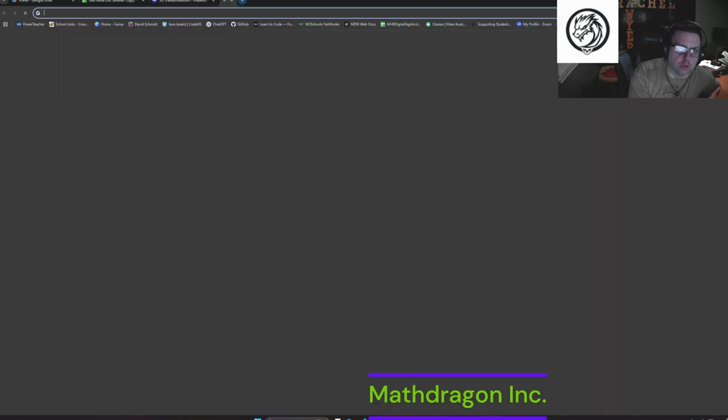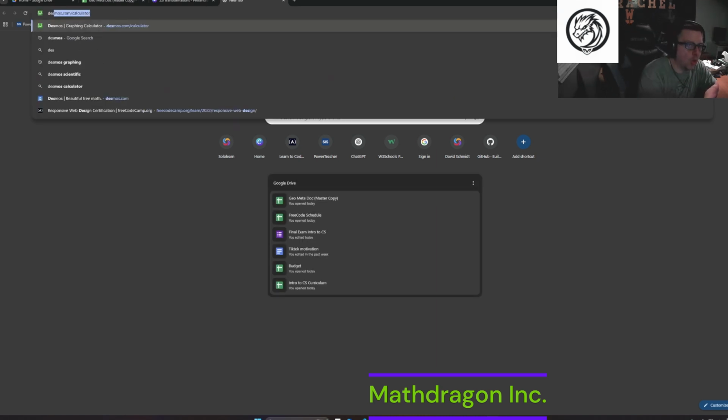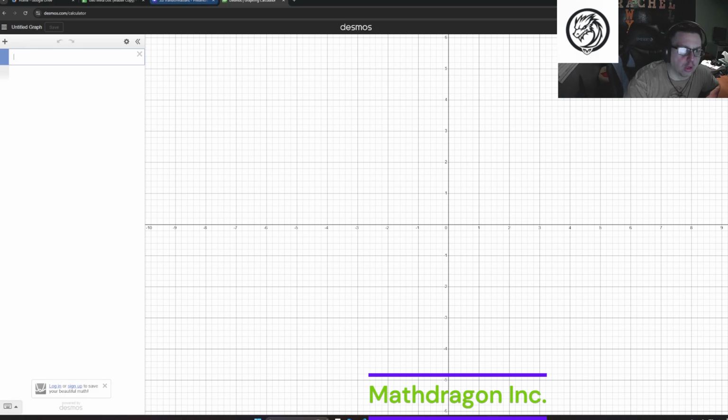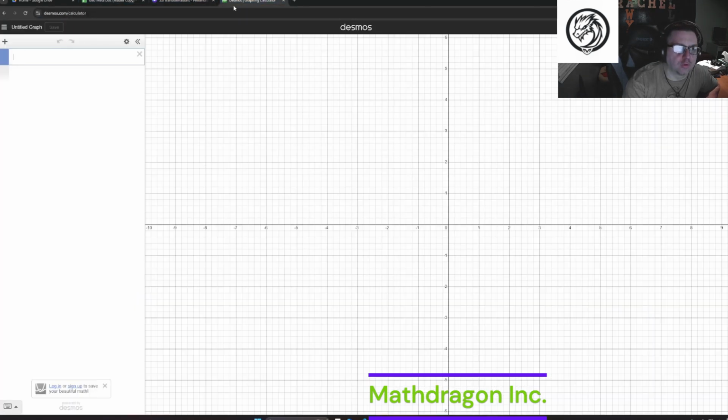So we will do Desmos graphing calculator. We're going to do 1.5 squared plus 2 squared.